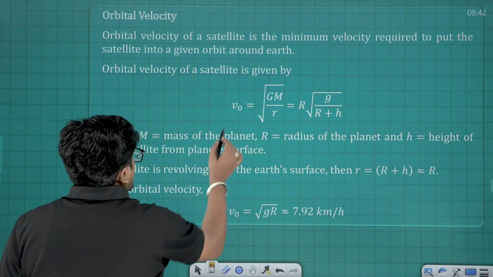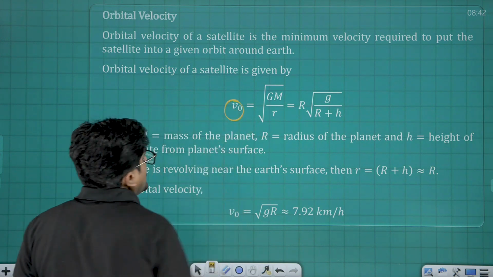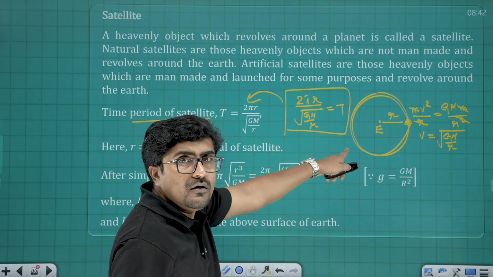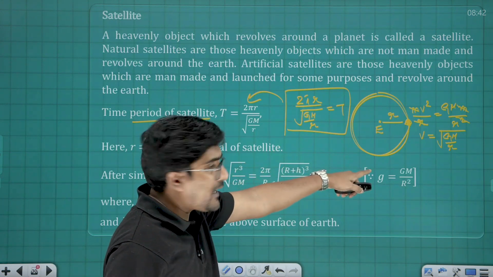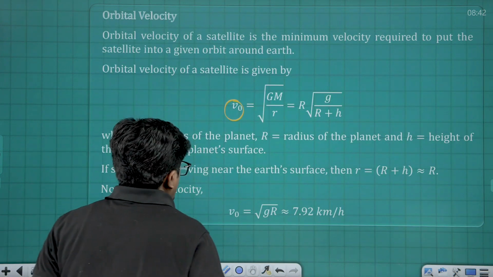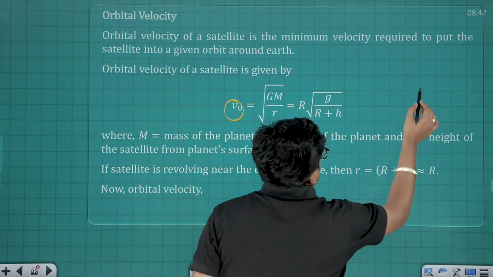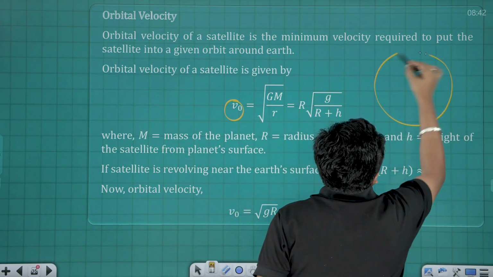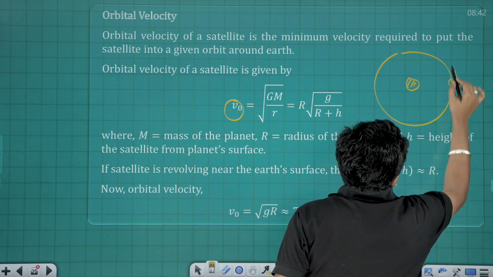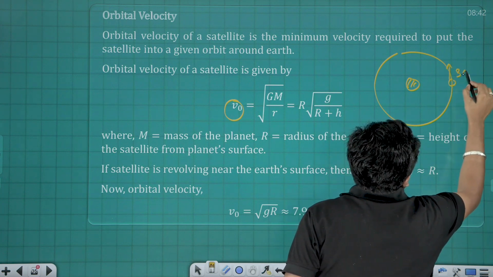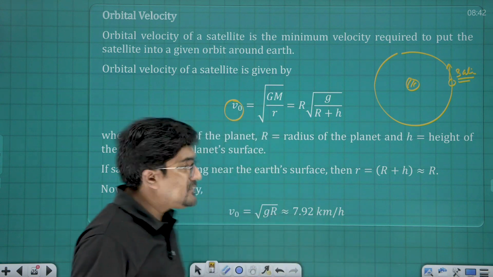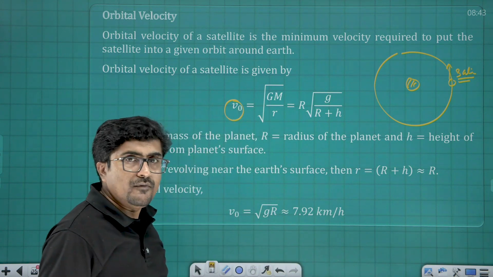We already derived this relation over there. While calculating the time period, we already derived this particular expression. The same thing is repeated here once again. So, let this be the Earth: the speed by which the satellite orbits round the Earth is what we call the orbital velocity.